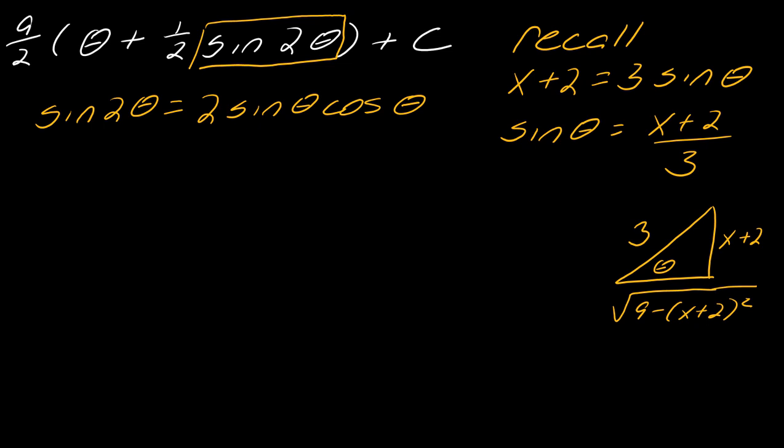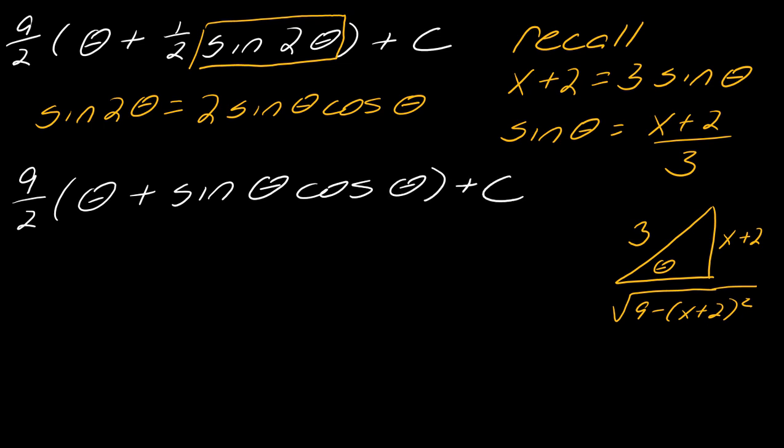Okay. I'm going to fill in here then 9 over 2 theta plus, so this 1/2 times this 2 are just going to cancel each other out. So this is going to be just sine theta cosine theta, and then of course all of that plus c. Okay, so now let's go through and finish this.